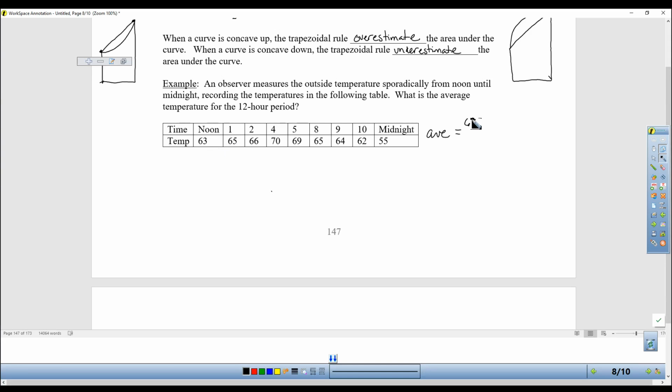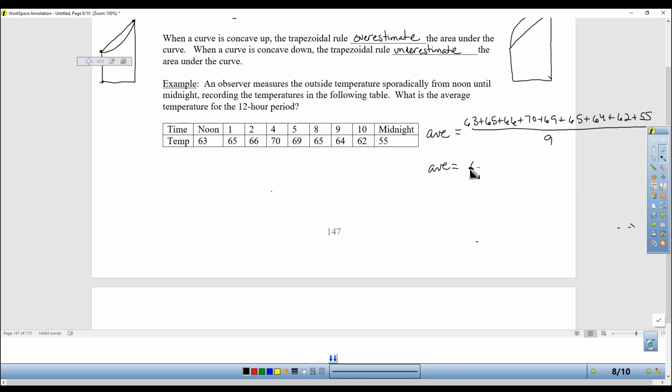So 63 plus 65 plus 66 plus 70 plus 69 plus 65 plus 64 plus 62 plus 55. 1, 2, 3, 4, 5, 6, 7, 8, 9. Divided by 9.